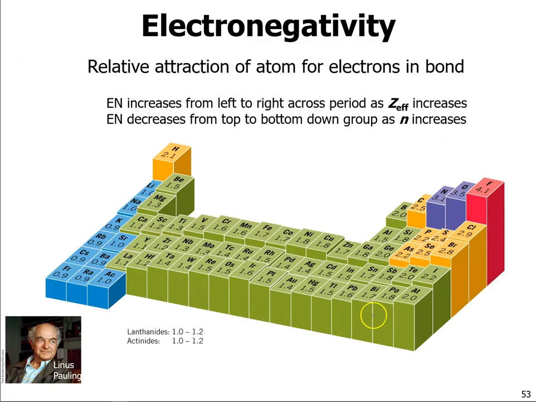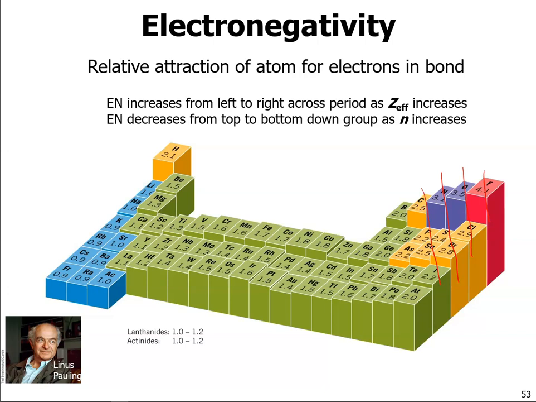Here's a diagram that gives an idea of the relative electronegativity for some of the elements on the periodic table. You might notice that the corner up here is rather high. Fluorine has a really high electronegativity, and it decreases as we get away from this corner. One of the interesting things that we can do with electronegativity is look at it along a diagonal, and we'll show you this later in the discussion.